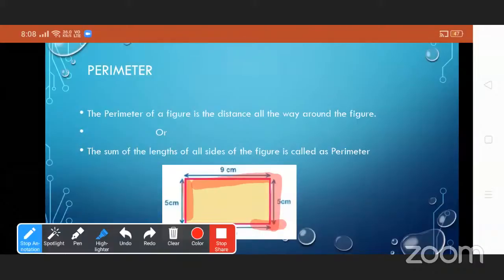Now, the sum of the length of the sides of a figure is called perimeter. Means sum means we add all the sides to find out the perimeter.